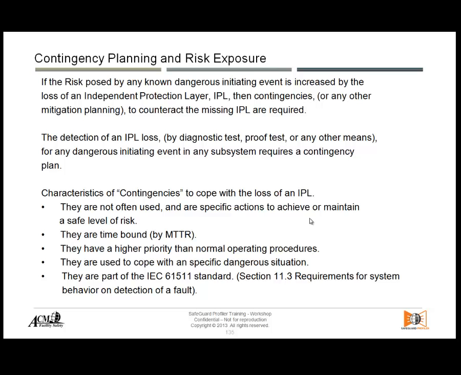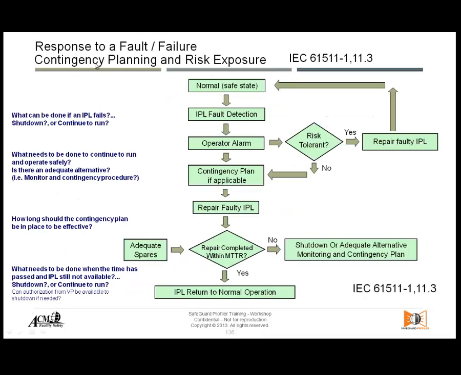Usually that's what happens when you see high integrity level SIL 3s, for example, on your processes. Most of the time they just trip your system and shut down that facility or that part of the process, because it's not easy to find a contingency plan equivalent to a SIL 3. So how do you respond?